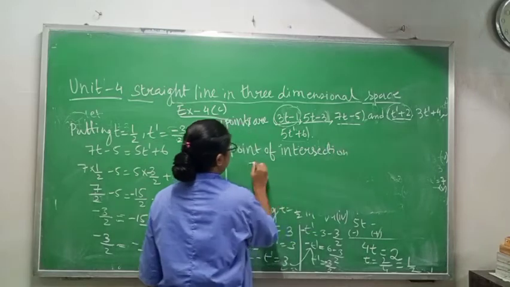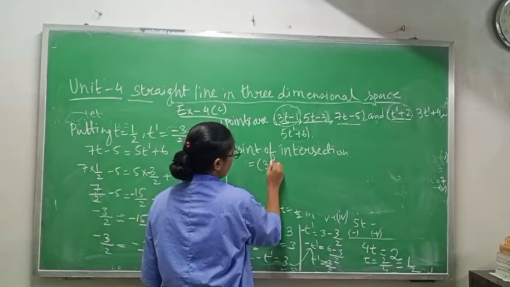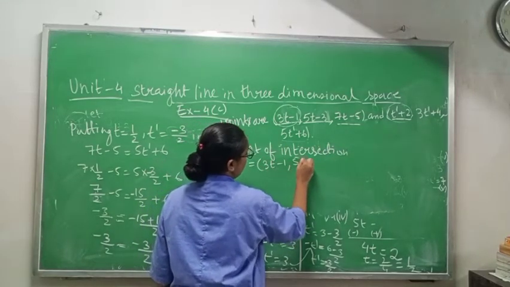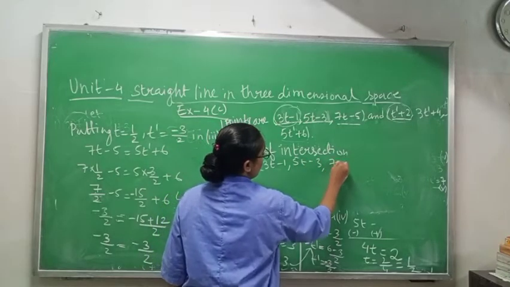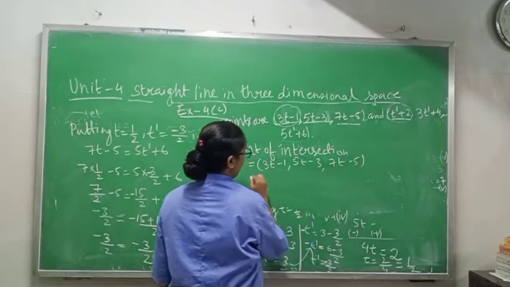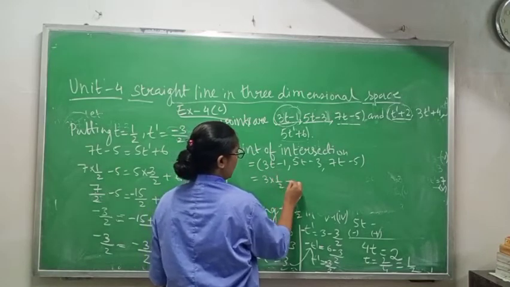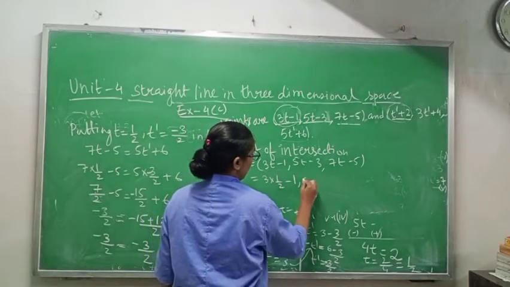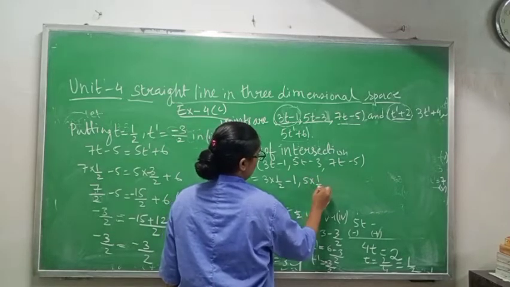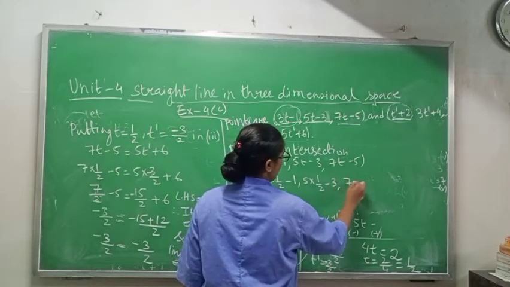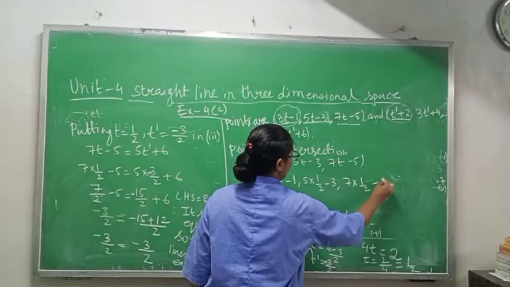You will take any point. I am taking the first one: 3t minus 1, 5t minus 3, 7t minus 5. So 3, the t value is half, minus 1; 5, 1 by 2, minus 3; 7, 1 by 2, minus 5.